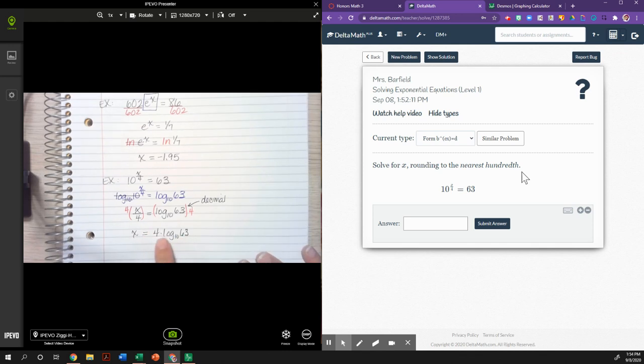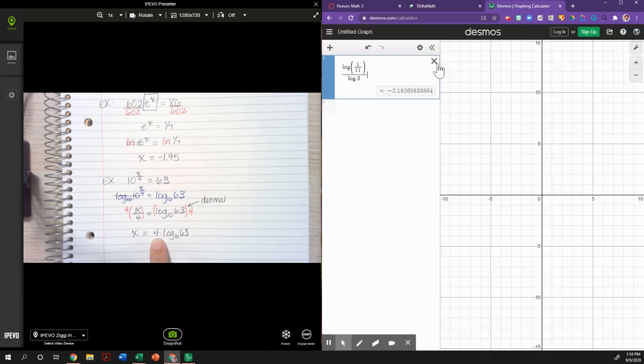And I'm just going to type that directly into my calculator. So if I come over here to Desmos, I'm going to type 4 times the log. I don't have to worry about base 10. I can just type 63. So x equals 7.19, and that makes it 7.2, because it makes that 19 round up to 20.